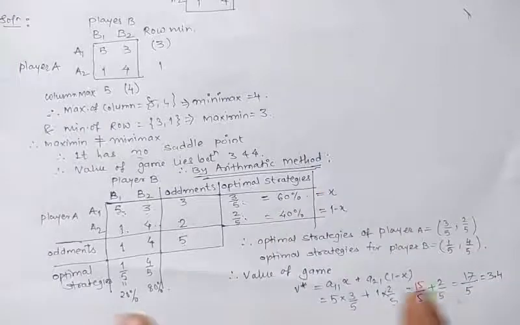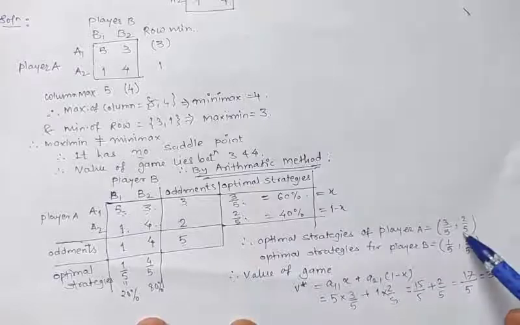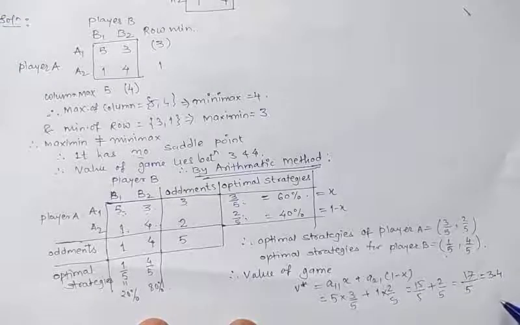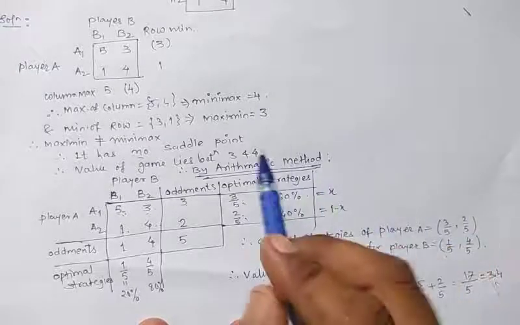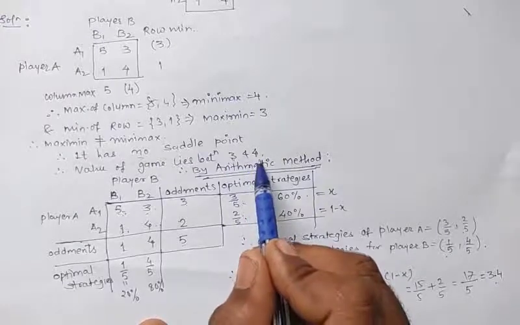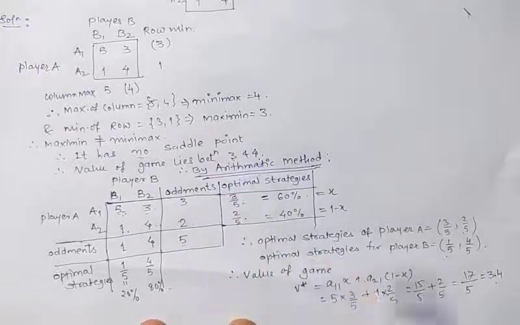So this is the solution for the given problem: optimal strategy for player A is 3/5, 2/5, for player B is 1/5, 4/5, and the value of game is 3.4, which lies in this interval between the minmax and maxmin values. The value of game always lies between the minmax and maxmin values.